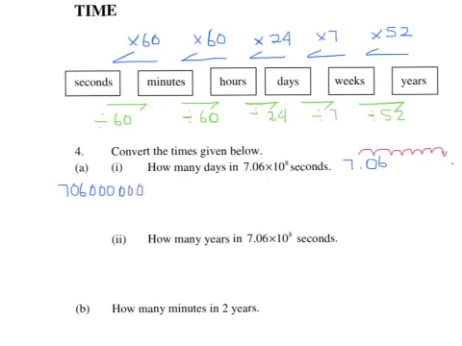Now because we're converting from seconds to days, we've got to go along the bottom here, so we've got to divide by 60, divide by 60 again, and then divide by 24. So we're dividing by 60, and 60 again, and by 24.